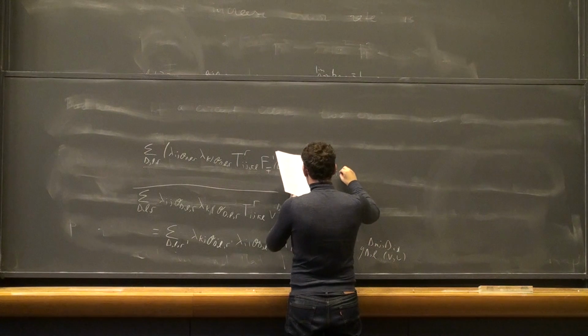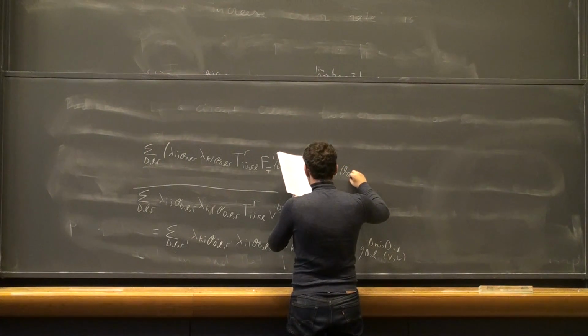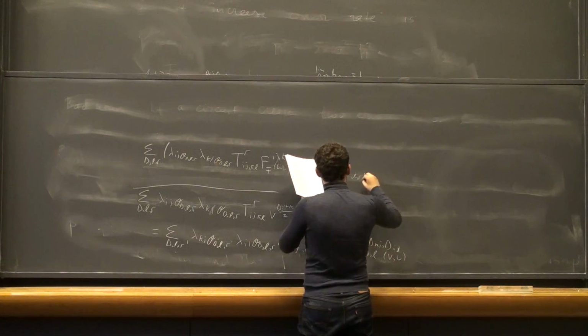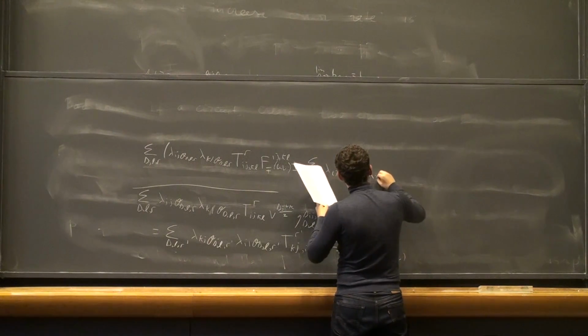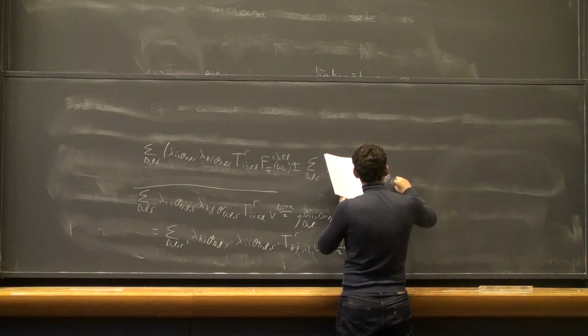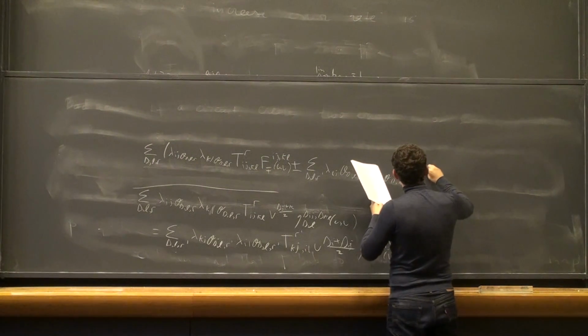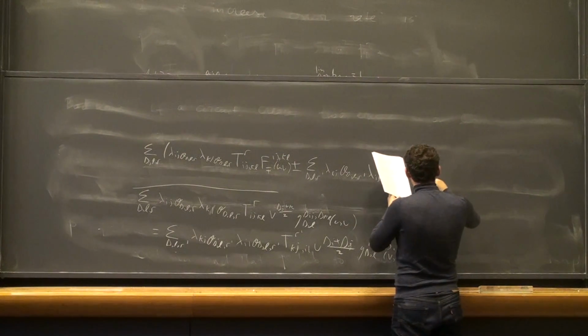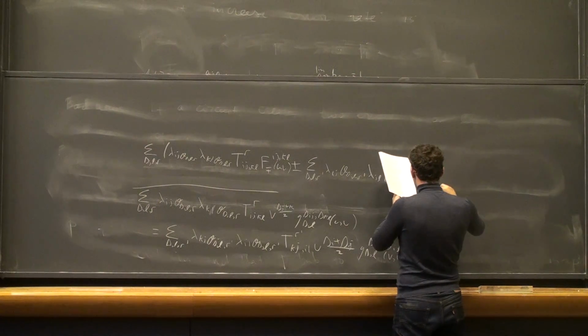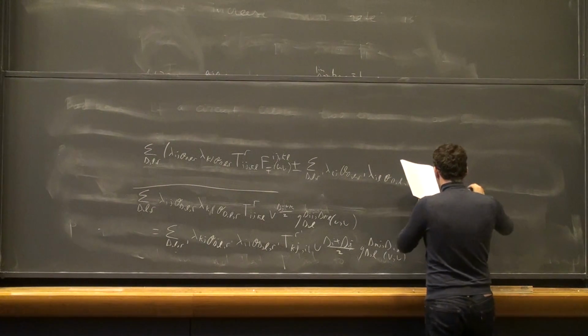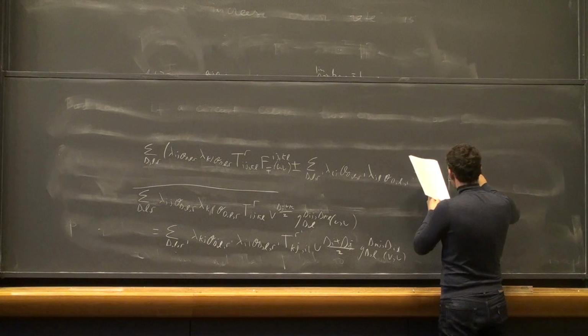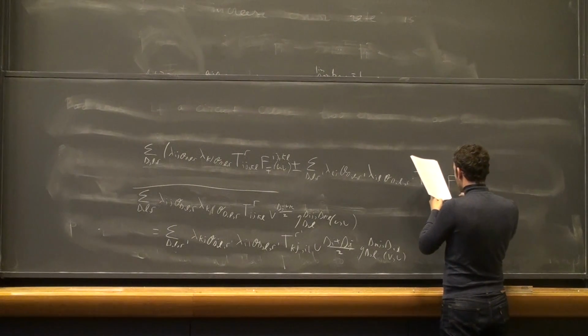Delta L, R prime, lambda IL, F, Kj IL, minus plus.